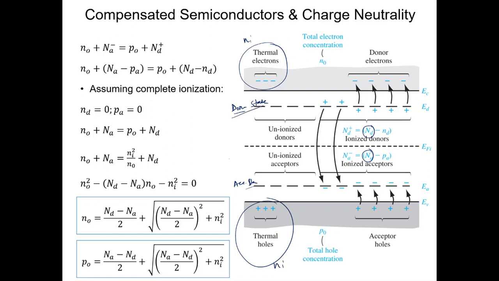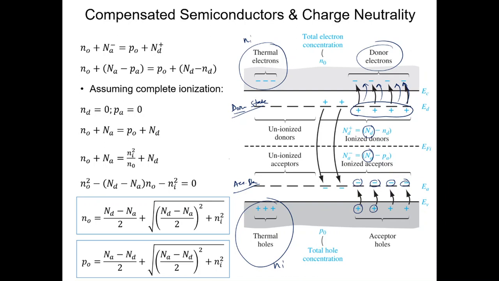Now, because of these donor states and acceptor states, there are a certain number of donor electrons from the ionization of the donor states, and these electrons will move from the donor state to the conduction band, leaving a positive charge back here. Similarly, there may be ionization of the acceptor states, and the acceptor states will capture electrons, so they will leave positive charges in the valence band and negative charge in the acceptor state.